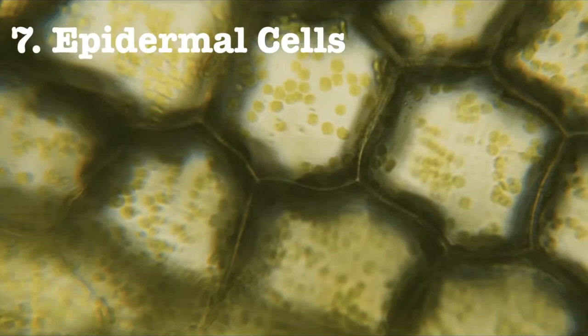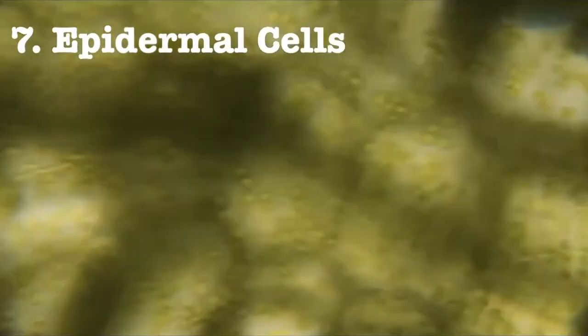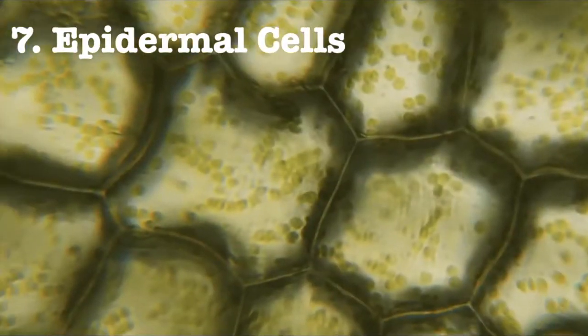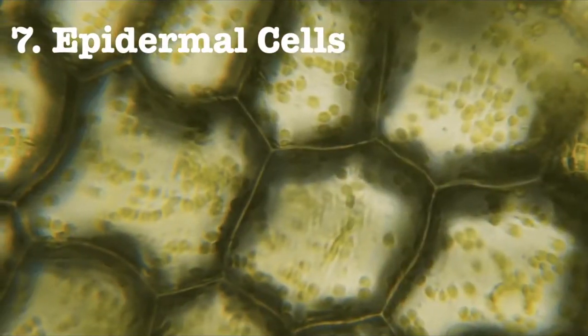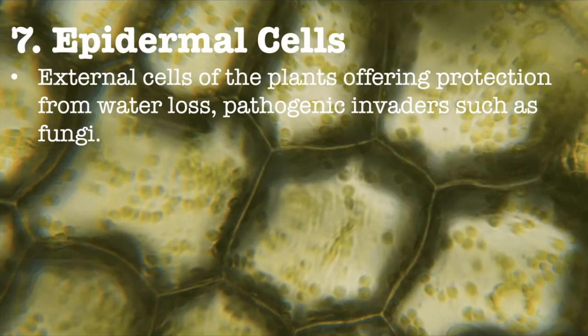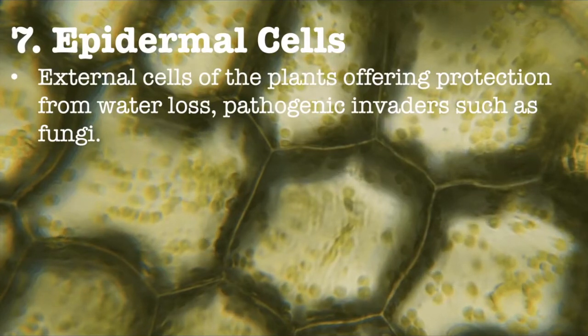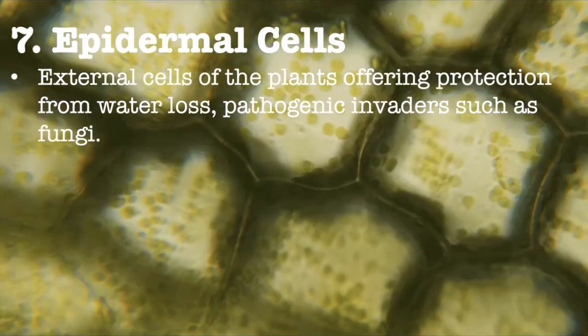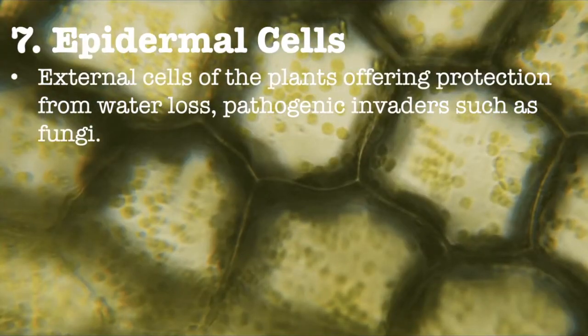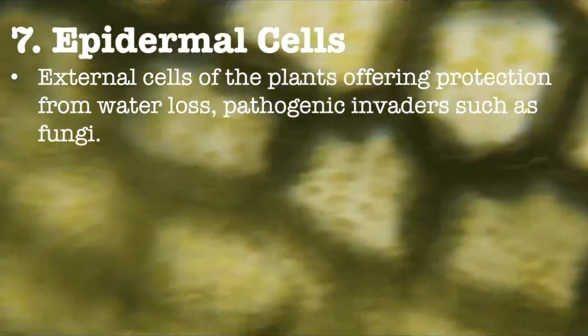The last, but definitely not the least type of plant cell, is the epidermal cell. These are the external cells of the plants, offering protection from water loss, pathogenic invaders such as fungi.